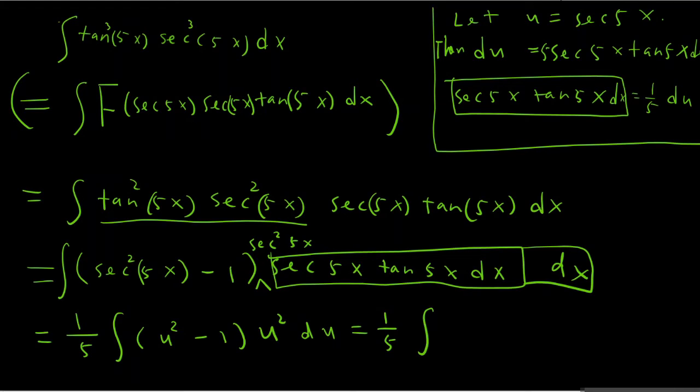I think that this one you have u to the power of 4 minus u squared, is that right? Multiply them out. I will stop here. I believe you can go from here. I'm going to write dot dot dot to indicate you have a few more steps, but I believe all of you can handle the rest. So good enough.